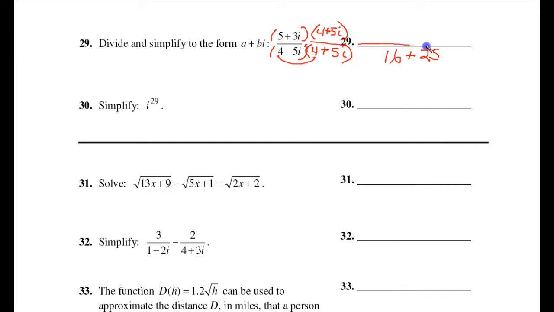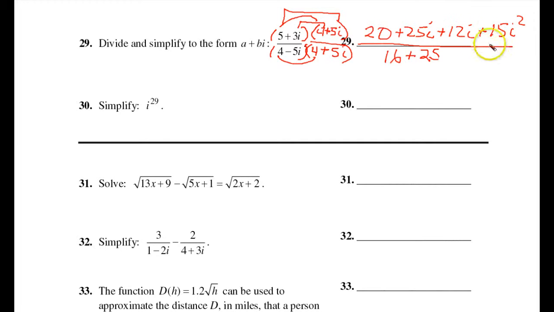And we just FOIL our top. This times this is 20. Now our outers are a positive 25i. Our inners are a positive 12i. And our last is a positive 15i squared.